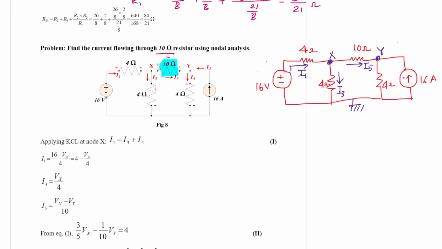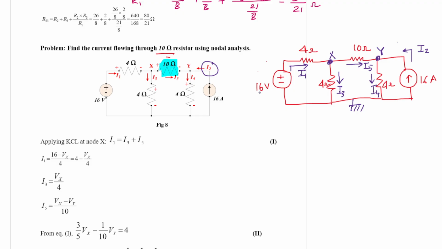Again, this 16 ampere current is I2, and from Y to ground we have another current called I4. So we have assumed the conventional current directions at the very first.